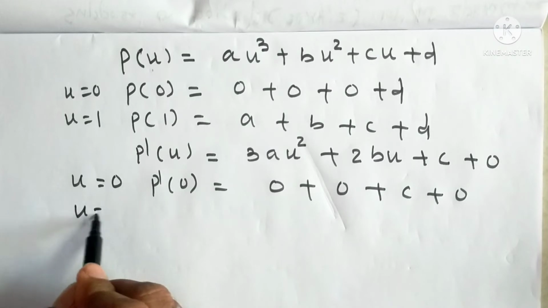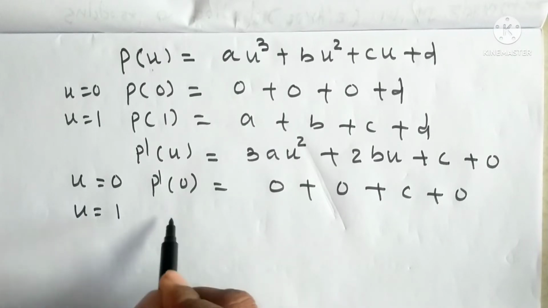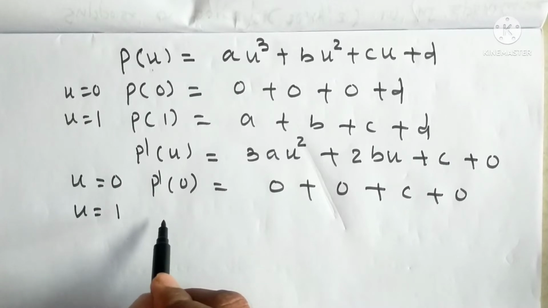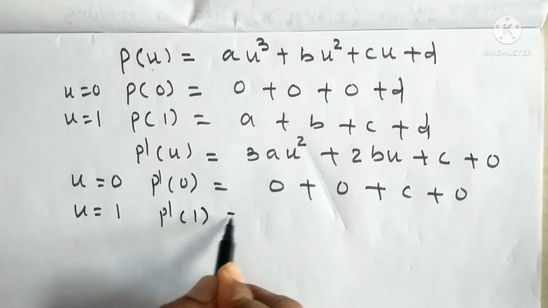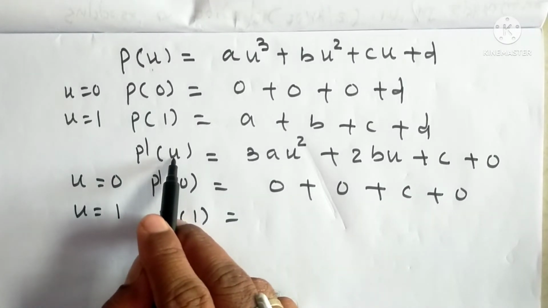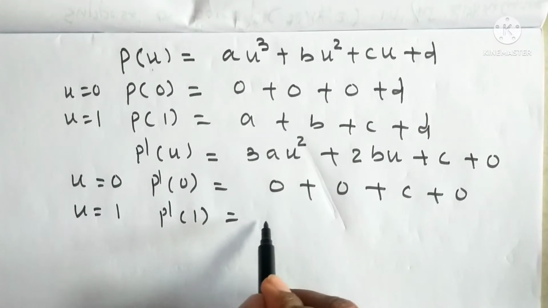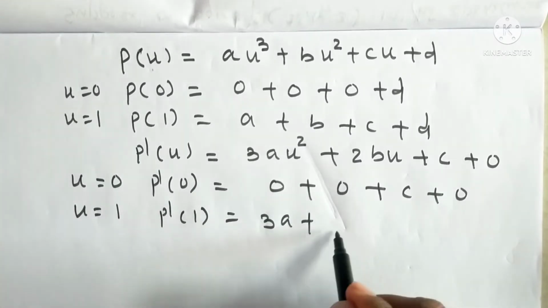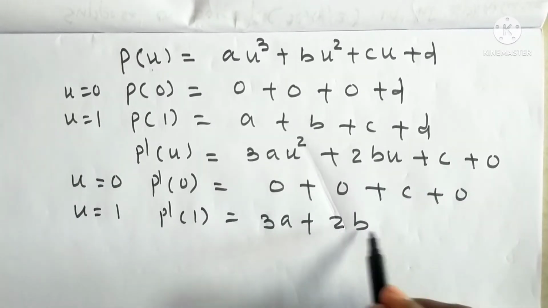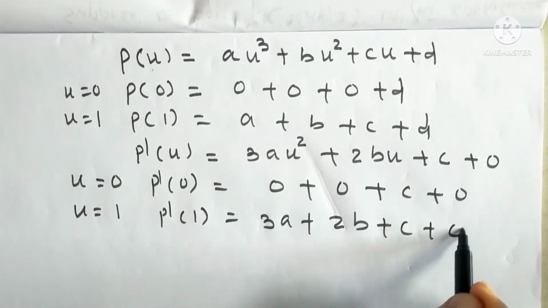Now if you fix the value u equal to 1 in the first derivative of the cubic point function, we can write P dash 1 as 3a plus 2b plus c plus 0.